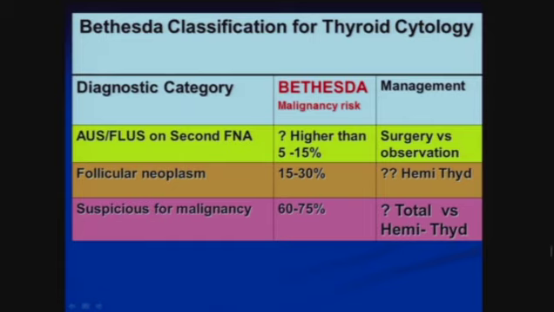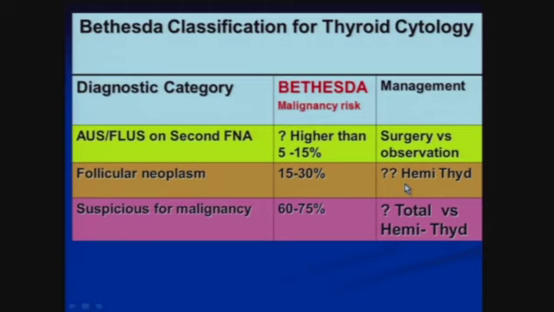So of the patients that get a second FLUS, the risk is likely higher than the first group. The 50% of patients that were benign have now come out of the sample, and so we now quote a patient a higher risk, but we may not have a firm number. Most of these patients, therefore, will have the option of either surgery or observation, a little bit tempered by clinical factors. As before, we have patients with a diagnosis of follicular neoplasm. 20% of these will be a cancer and 80% will be benign.